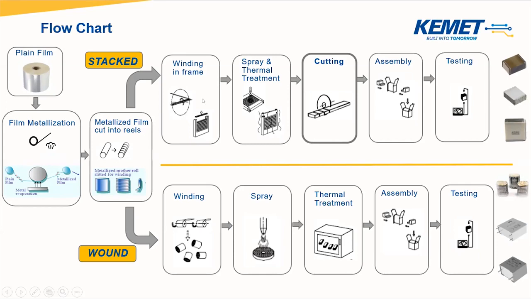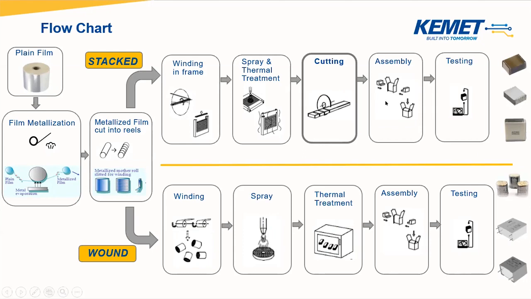The other possibility is the stacked construction. In this case, we are winding capacitors not one by one, but around a flat core that we can put afterwards inside a big frame. After that we have similar treatment as before: the spray, and the thermal treatment for stabilization. The main difference is that here we take out these big bars and cut them into small elements. So we obtain the final capacitor starting from big bars and then cutting into single elements.